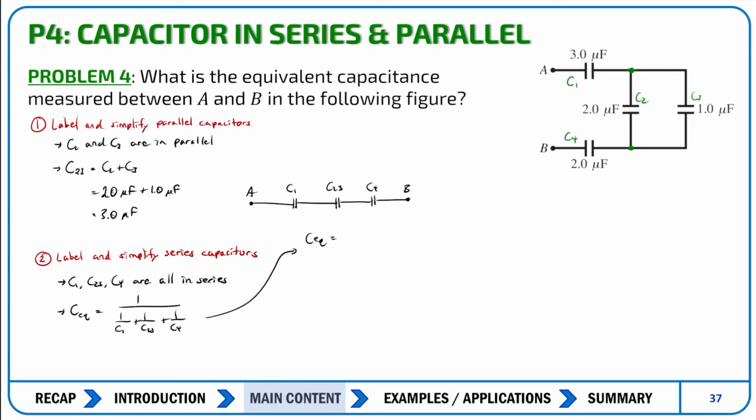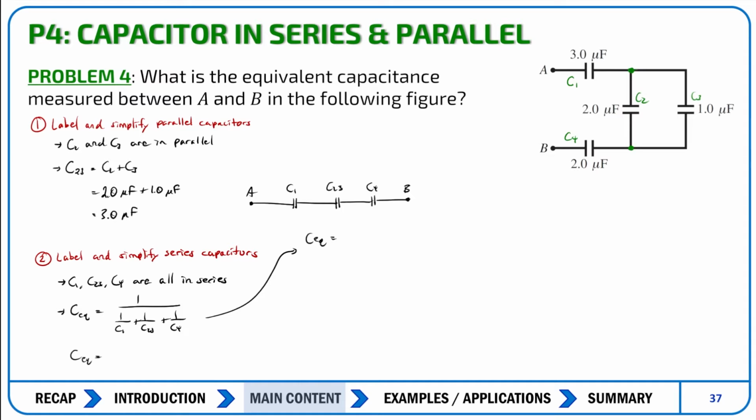CEQ is going to be equal to, we'll try to simplify this as much as I can with common denominators. So with common denominators, what we'll end up with at the bottom is C1, C23, and C4.